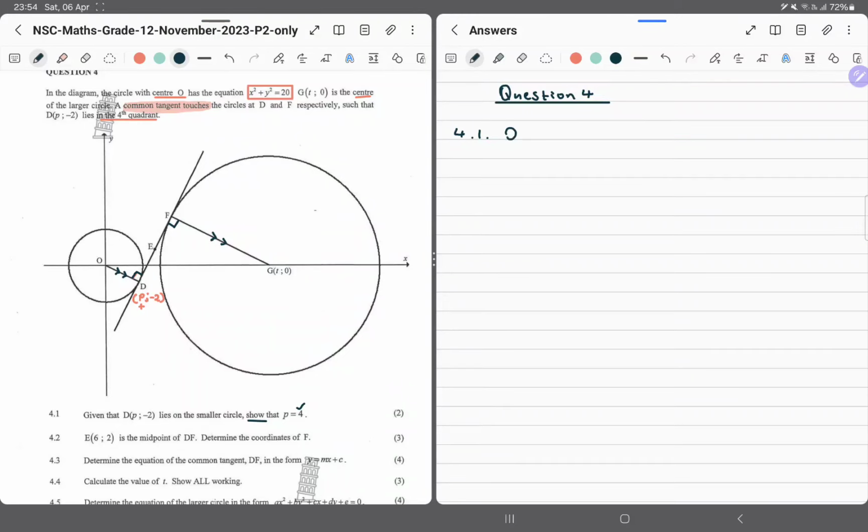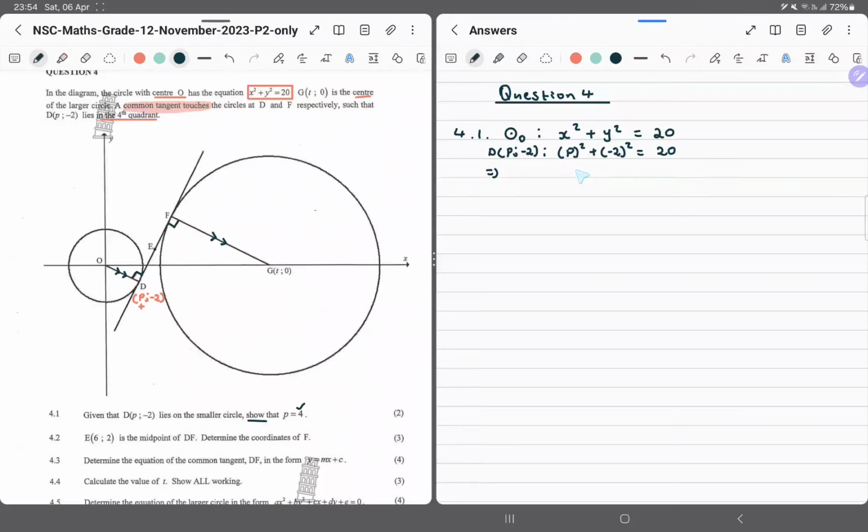So we know that the circle with center the origin is such that x squared plus y squared is equal to 20. Now with point D with p and minus 2 lying on this, we will substitute those values to work out the unknown.